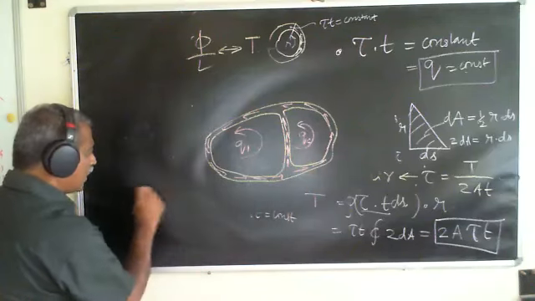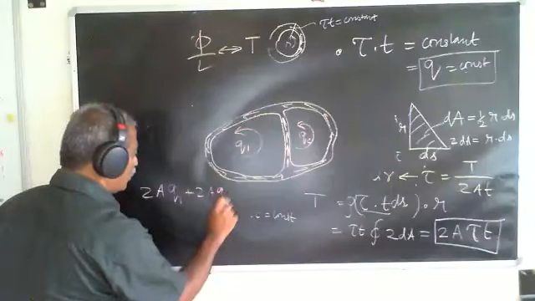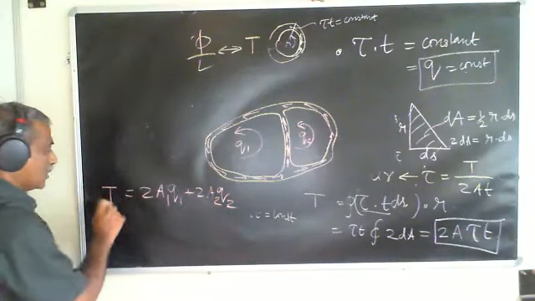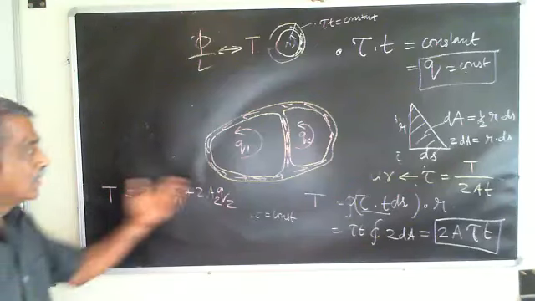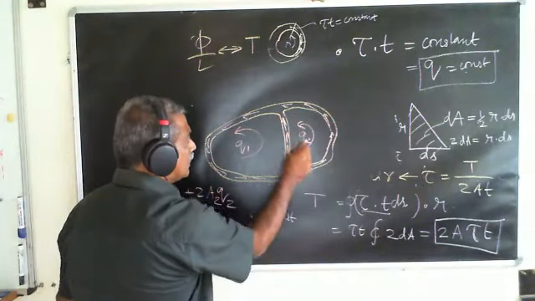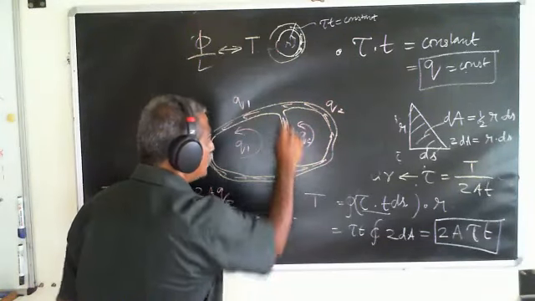So I can now write 2 times A1 Q1 plus 2 times A2 Q2, where this is A1 and this is A2, should be equal to the total torque. I'm not going to derive this, but you understand that this is the way it goes. And remember, this is like a flow, right? This is Q2, this is Q1. What should this be?